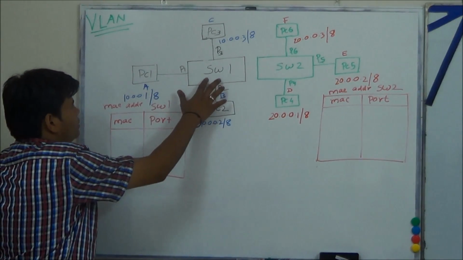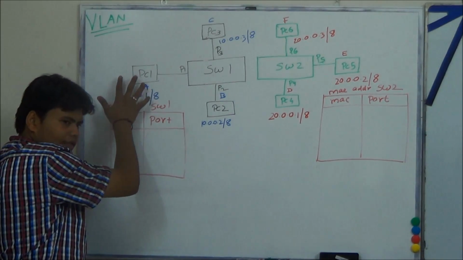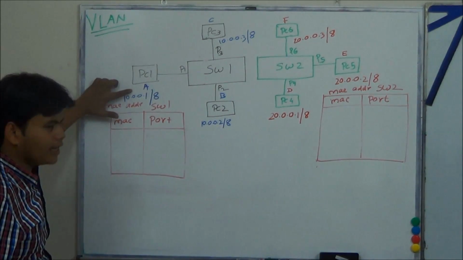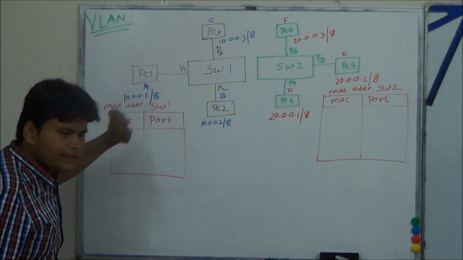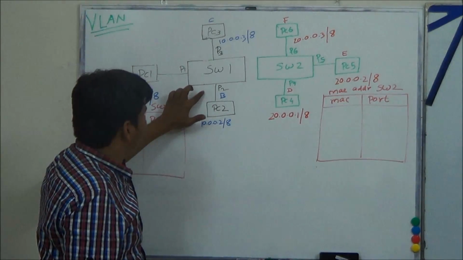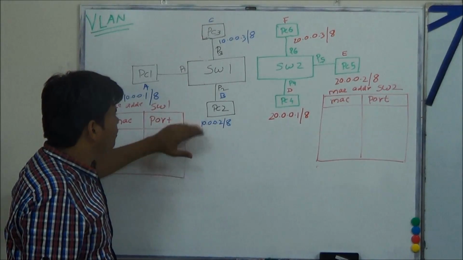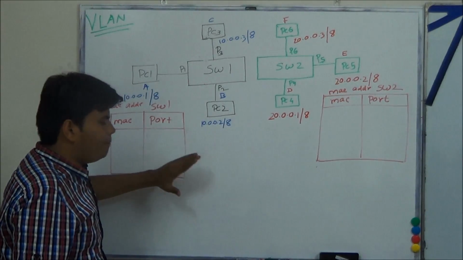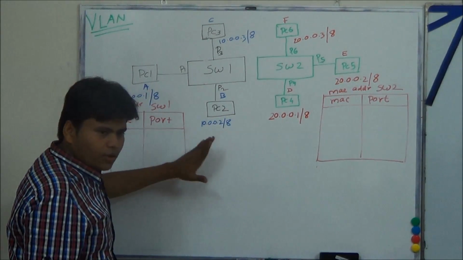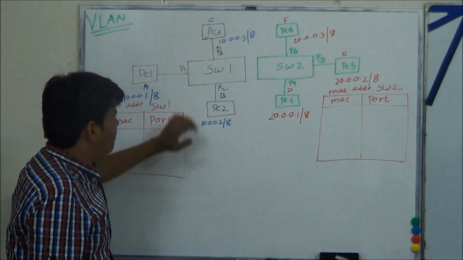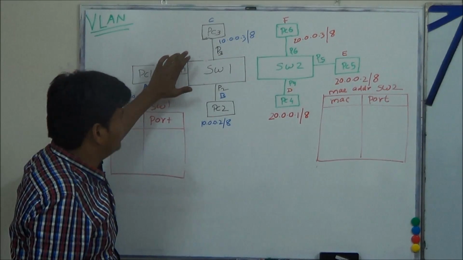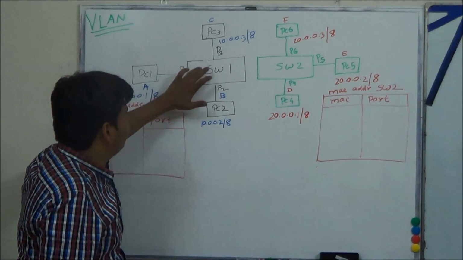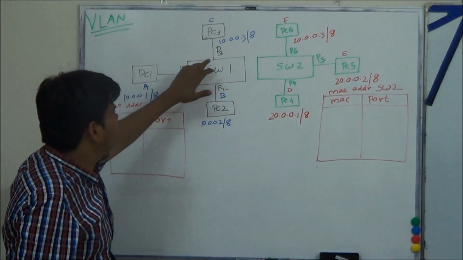Switch 1's port P1 is connected to PC1 having MAC address A and IP address 10.0.0.1/8, and port P2 is connected to PC2 having IP address 10.0.0.2/8 and MAC address B, and port P3 is connected to PC3 having MAC address C and IP address 10.0.0.3/8.